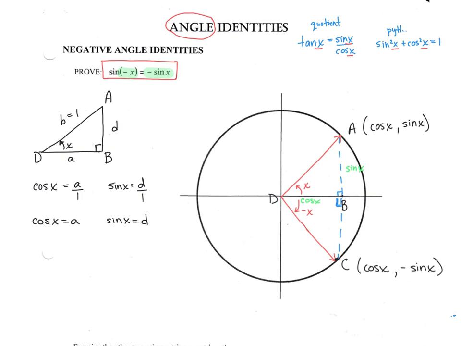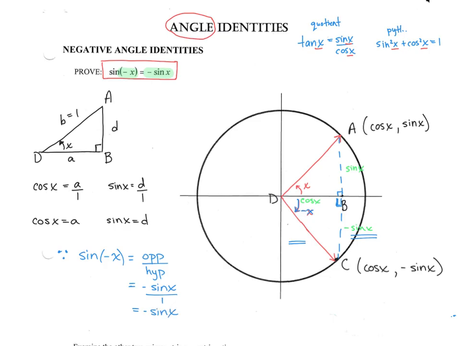So now, what does this mean? So if we look at our diagram, if I look at my angle negative x, I can say that since sine of negative x is equal to the opposite side over the hypotenuse, and when we look at our triangle, from negative sine x, the opposite side over my hypotenuse, and we know our hypotenuse has a side length of 1 on our unit circle, that's going to give me negative sine x over 1, which equals negative sine x.